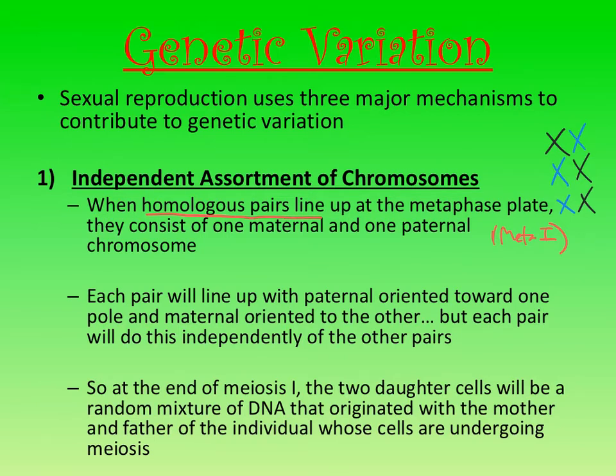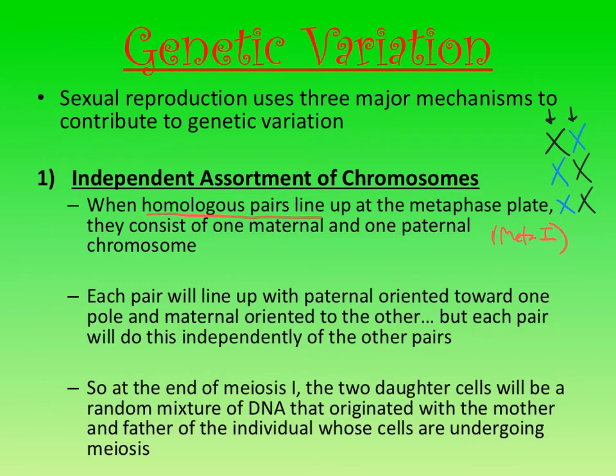But realize, and I drew it the way I did here on purpose, that there's not a defined way that they will line up. In other words, you don't get a boy line and a girl line. It doesn't work that way, right? Each of these pairs, these 23 pairs, technically lines up independently.